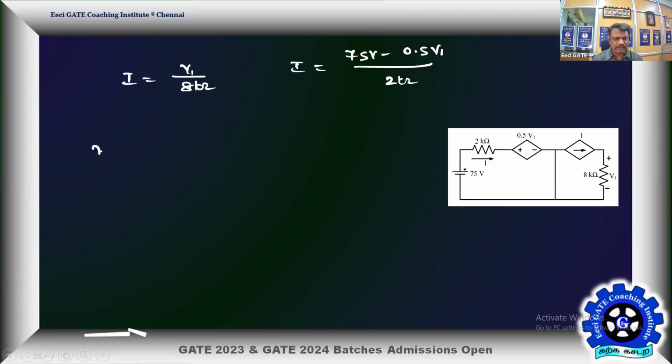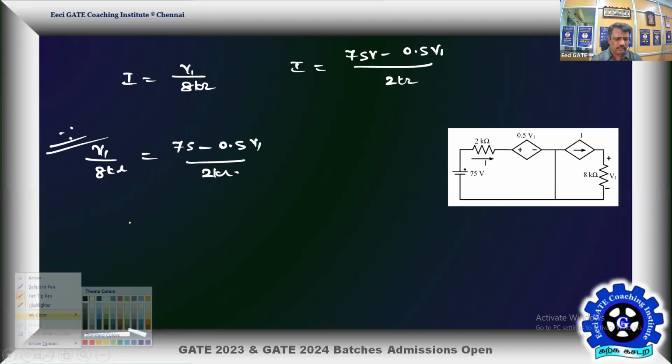So then V1 by 8 kilo ohm is equal to 75 minus 0.5 V1 divided by 2 kilo ohms. So then 8K and 2K, I can make this as 4.